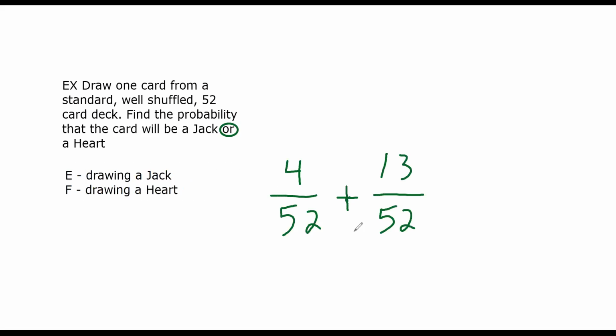The problem is this 4 out of 52 calculation includes the jack of hearts because it's one of the 4 jacks you're counting. This 13 out of 52 calculation also includes the jack of hearts. This includes the jack of hearts.